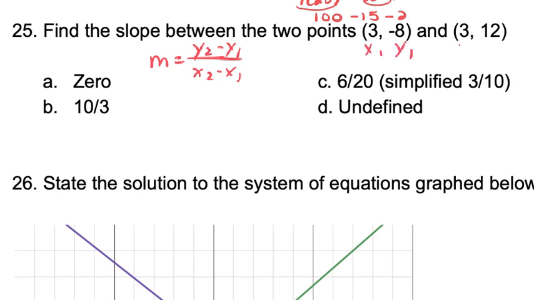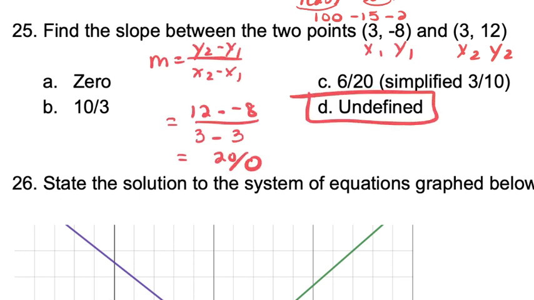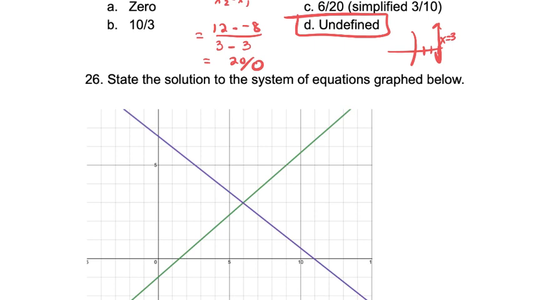Just label these to keep track of them. y2 is 12 minus y1 is negative 8. We're getting a double negative. x2 is 3 minus x1 is 3. Uh-oh. On the top, the double negatives cause us to get a 20. On the denominator, 3 minus 3 is 0. You cannot divide by 0. That is undefined. Don't forget, undefined. That means this is a vertical line at 3. There's x equals 3, just like all those axes of symmetry were.